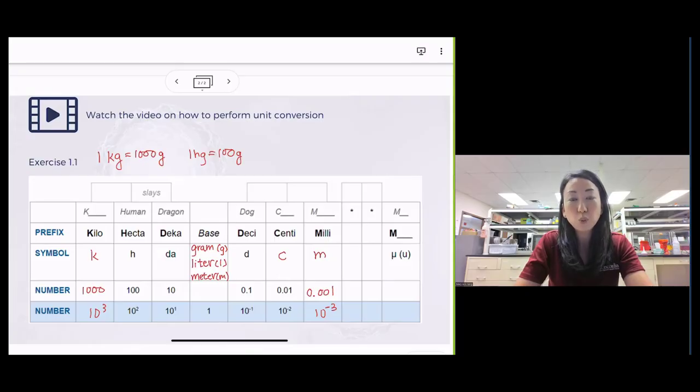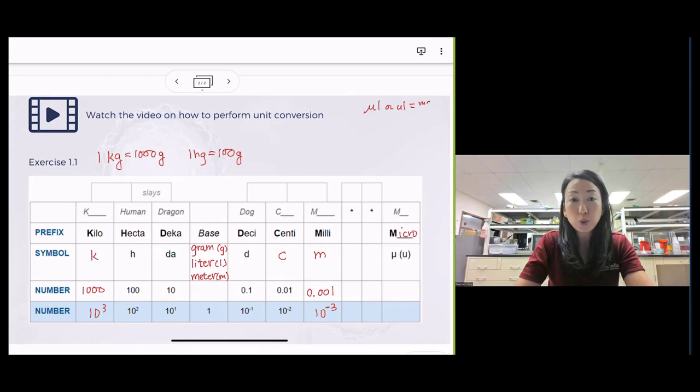Then we're going to move 1, 2, 3, 3 orders down to the last unit we call micro. You might see it abbreviated as mu or u. So remember that in the future, you might see it as mu or u. Whether you see mu-L or uL will both mean microliter.